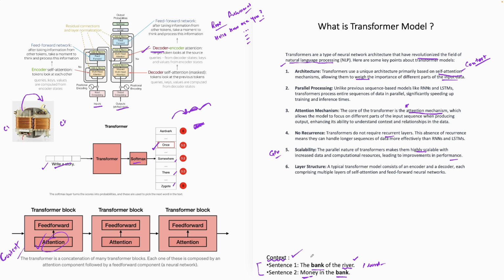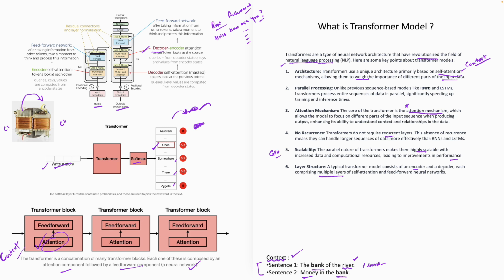So transformer is nothing but a concatenation of many transformer blocks. It is composed of multiple transformer blocks, and each one of these is composed of an attention component followed by the feed forward component, which is a neural network. So very important. As I said, a typical transformer model consists of encoder and decoder, what we showed here, each comprising multiple layers.